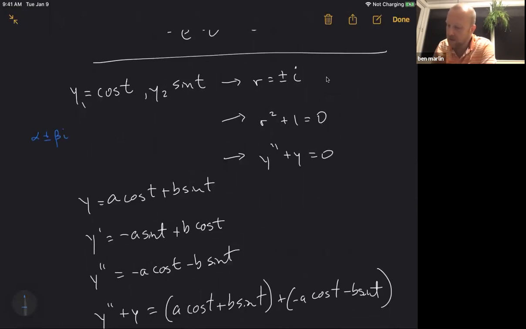That would correspond to having e to the alpha t times cosine beta t, and another solution e to the alpha t times the sine of beta t.